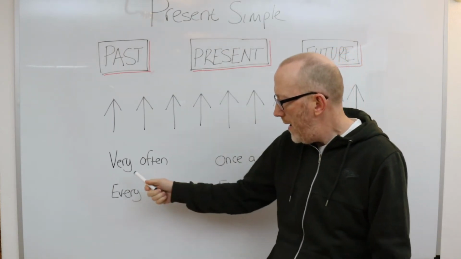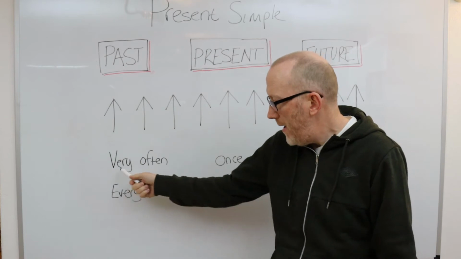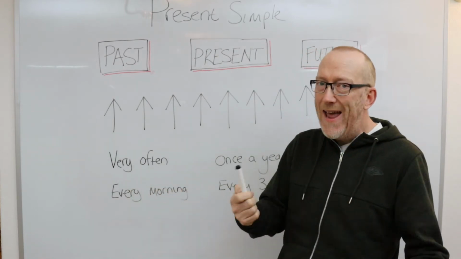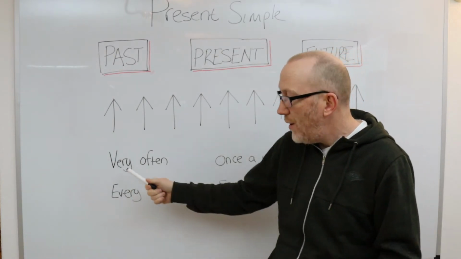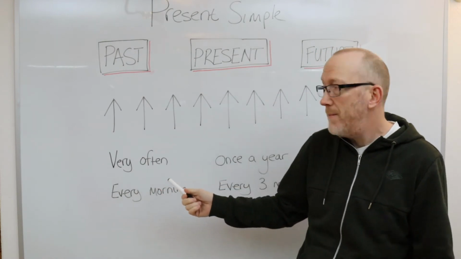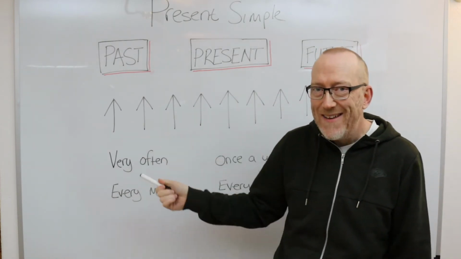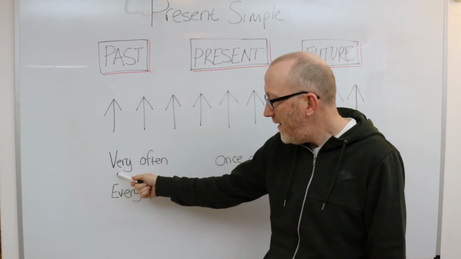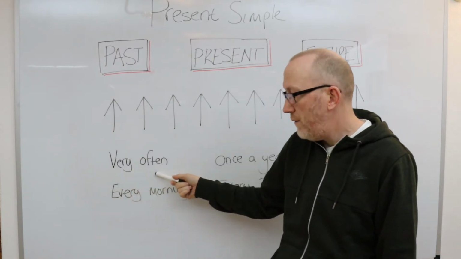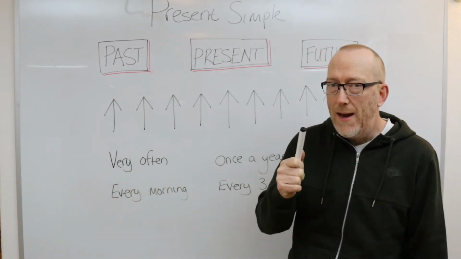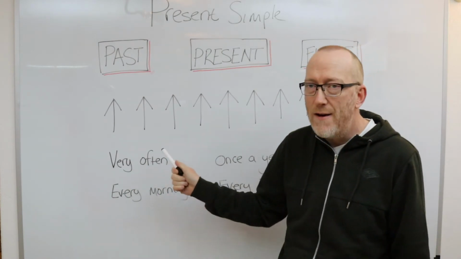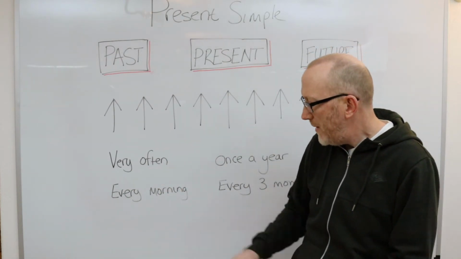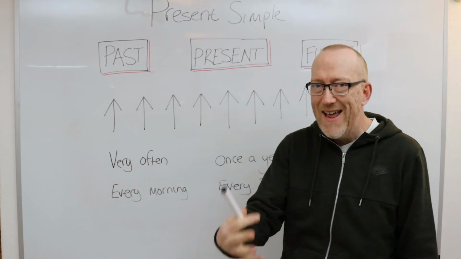But very often can actually be used in a negative way. So, I don't go to the shop very often. So I'm creating a negative form. You might see very often used quite regularly in negative statements, and that's why I've included it here.